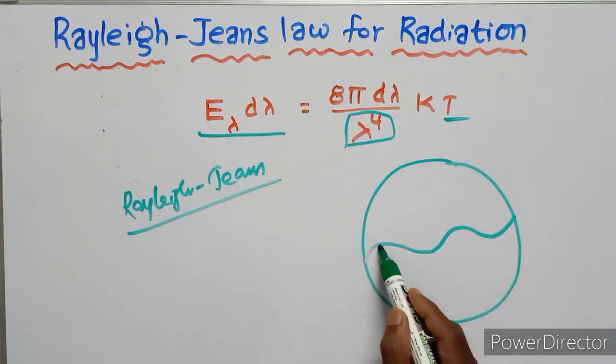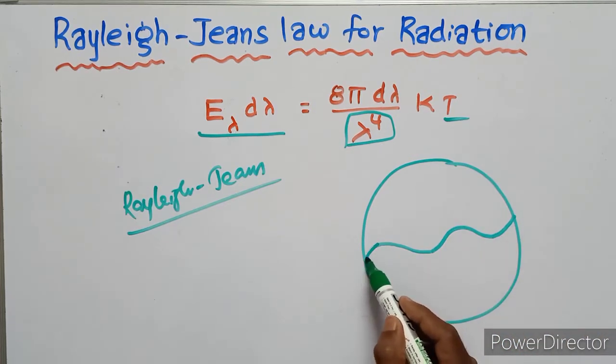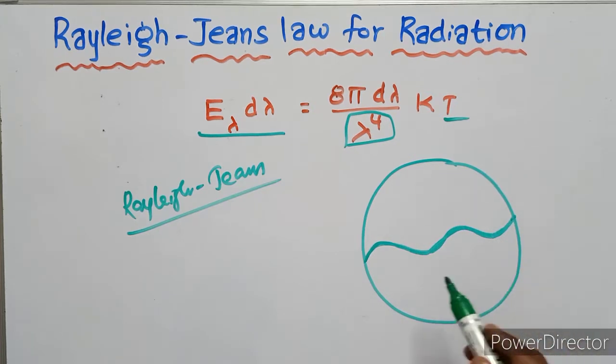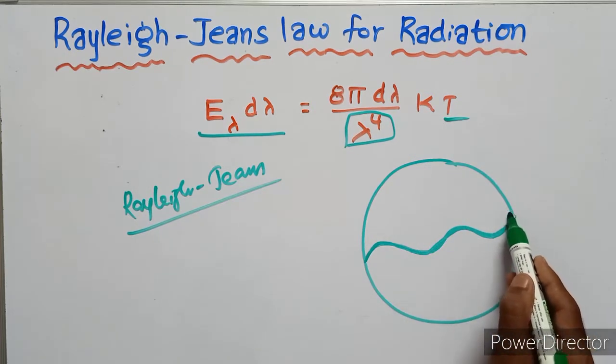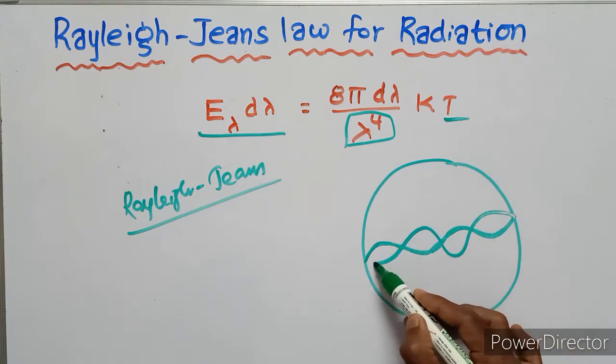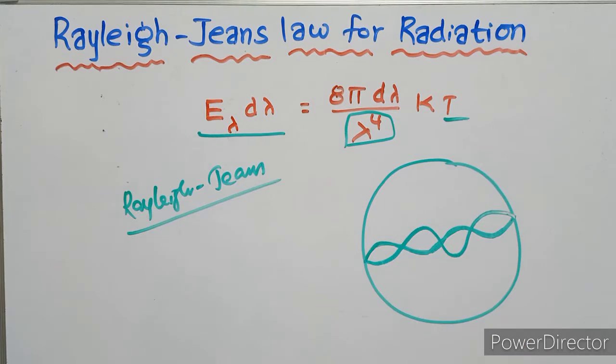So this radiation starts from here and reaches here. Then stationary waves are produced here, of all wavelengths in the enclosure.